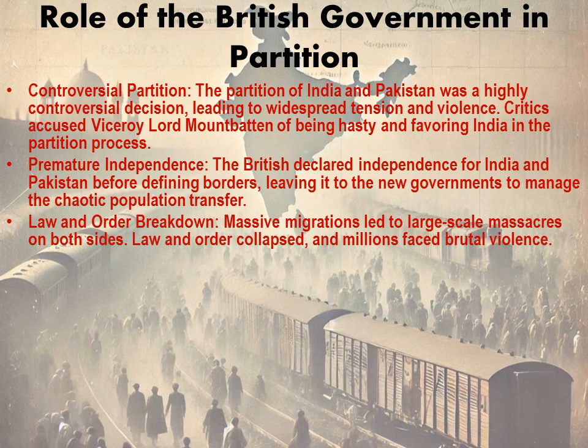Law and order breakdown. Massive migrations led to large scale massacres on both sides. Many Hindus were killed in the areas of Pakistan, and many Muslims were killed in the areas of India. So, law and order collapsed, and millions faced brutal violence. If you read Khushwant Singh's writing, A Train to Pakistan, then you will understand what kind of violence erupted in the border areas during partition.